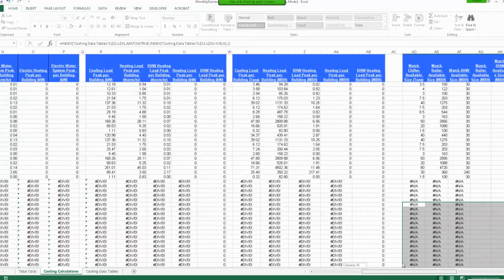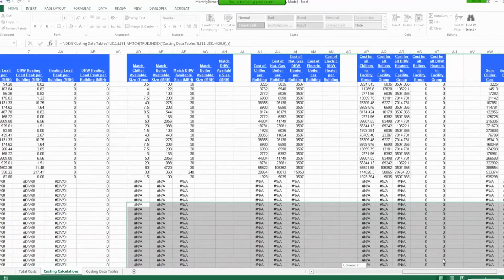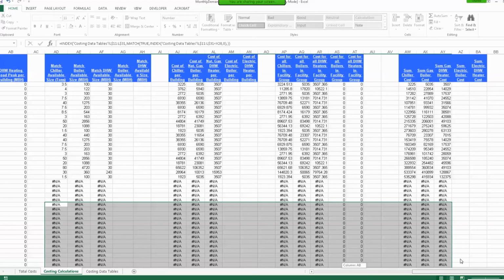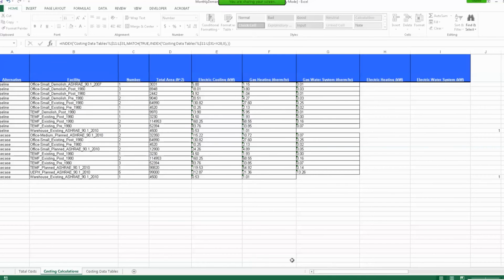There's a lot of calculations that go across, and this has to be generalized in this spreadsheet so that we can have as many alternatives as come out of the tool, which commonly we usually only have something like 5 or 6, but we could have many more, so the spreadsheet could be used even when we have a high number.